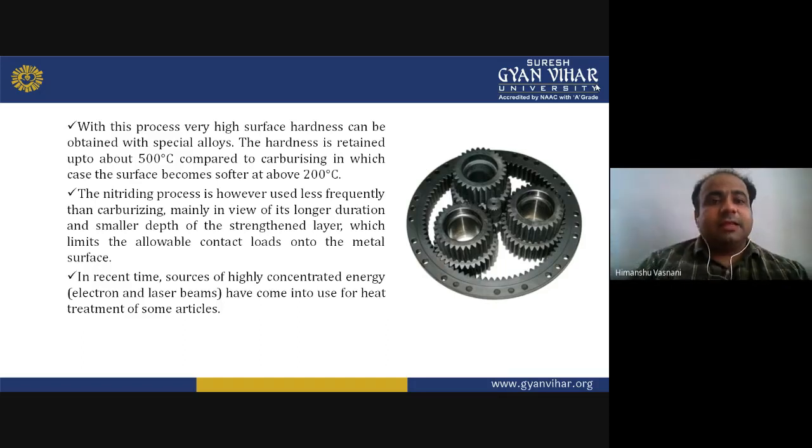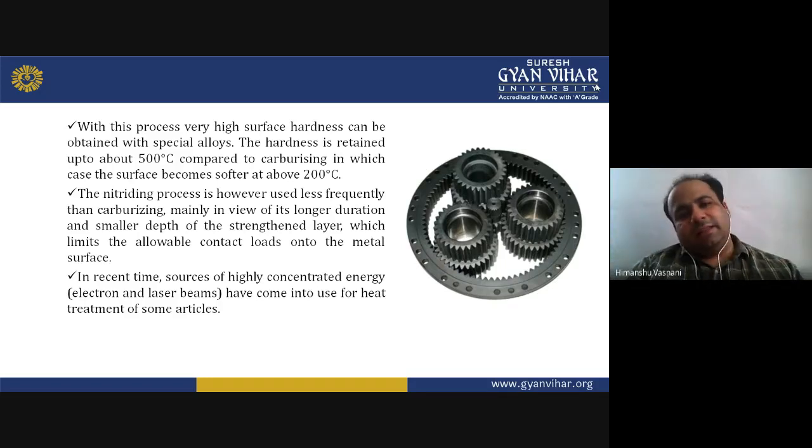The nitriding process is, however, used less frequently than carburizing, mainly in view of its longer duration and smaller depth of strengthened layer, which limits the allowable contact loads on the metal surface.